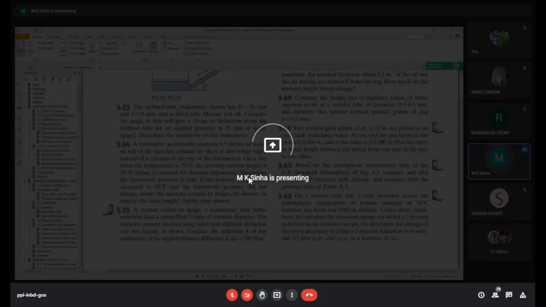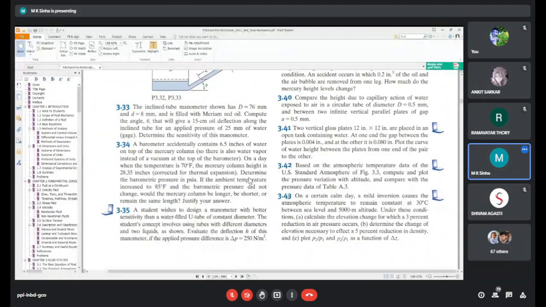Problem number 3.35. A student wishes to design a manometer with better sensitivity than a water-filled U tube of constant diameter. The student's concept involves using tubes with different diameters and two liquids as shown in the figure.